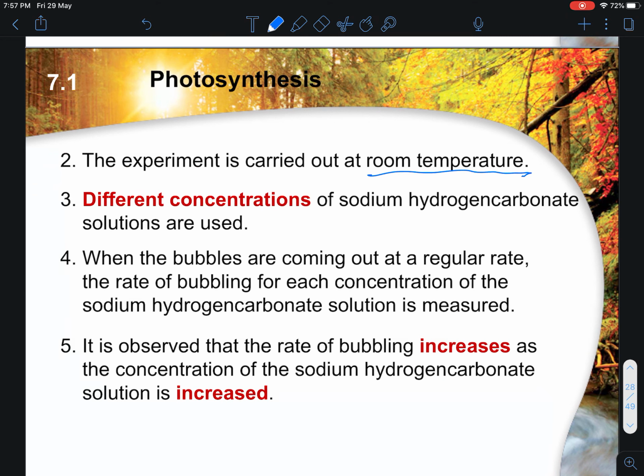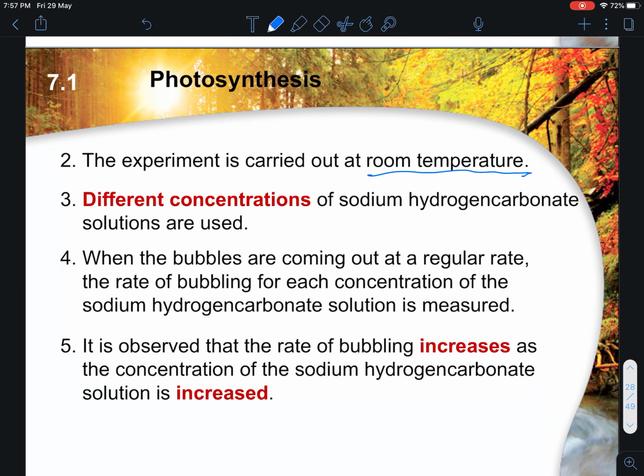Now we come to the fate of the glucose in leaves. So what will happen? The fate of glucose in leaves is that it will be used immediately by plant cells for cellular respiration and to form cellulose cell walls.